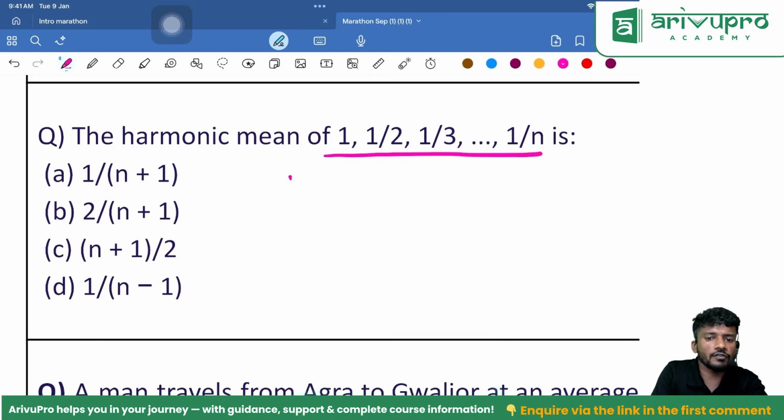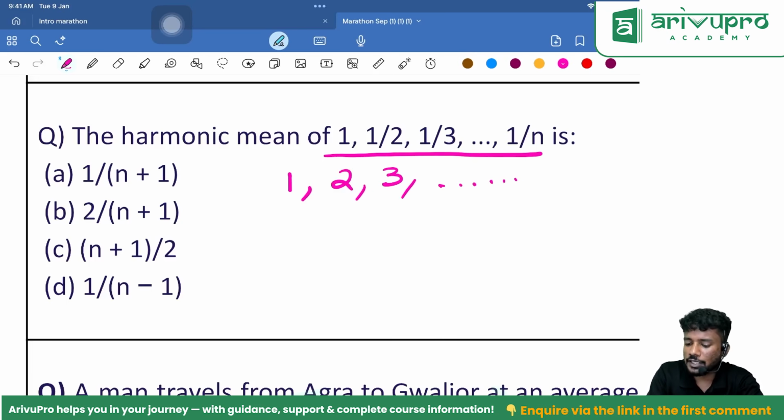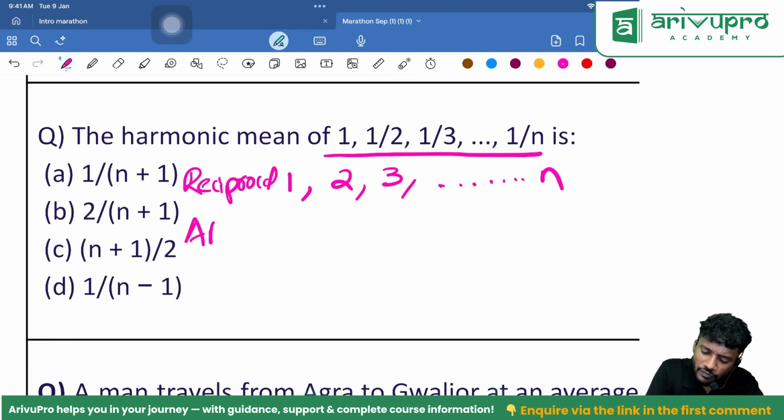What is the reciprocal of 1? 1. Reciprocal of 1 by 2 is 2. 1 by 3, 3, etc., up to n. Now we found the reciprocals. Now we are finding the arithmetic mean of the reciprocals, that is 1 plus 2 plus 3 plus etc., up to n.